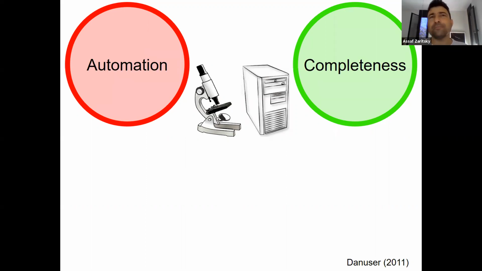Completeness. What is completeness? Completeness is looking at the whole distribution and all the variability within the data. So previously it was, oh, this is a cool cell. Let's quantify this cool cell and that cool cell. But then we introduce biases. We're not really understanding everything that happens within a population of cells, but we are focusing on very specific cells that catch our eyes, and we select them based on some biases that are not necessarily relevant.